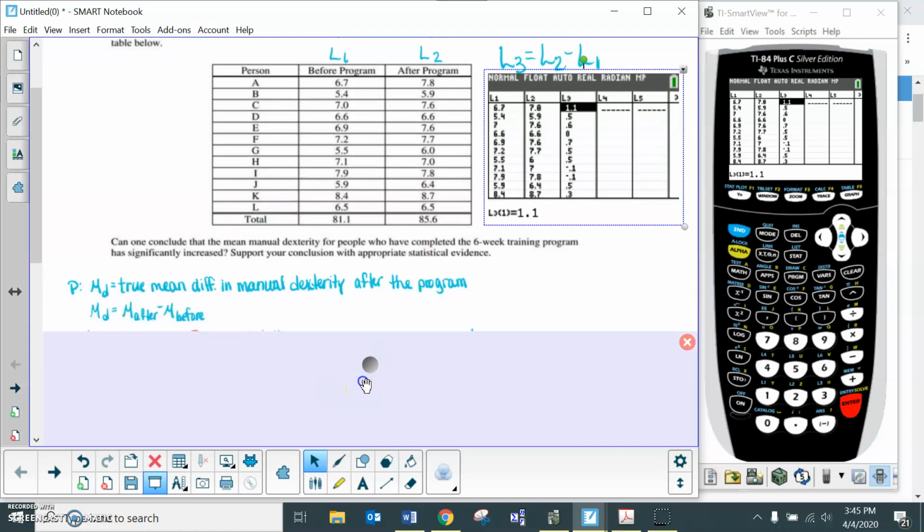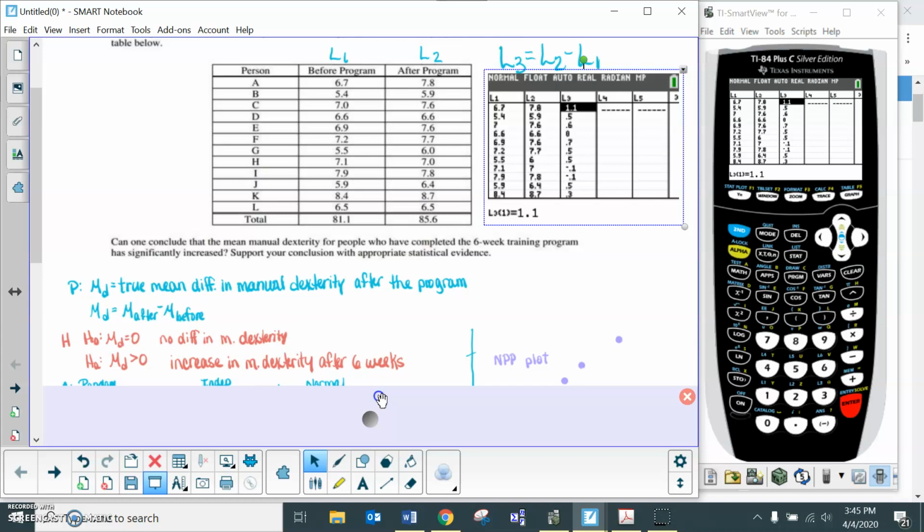I started in step P by defining what mu D is. Mu D is the true mean difference in manual dexterity after the program. And then I have to make sure in a matched pairs test that you define which direction you are subtracting. And that becomes important when you come down here into step H.